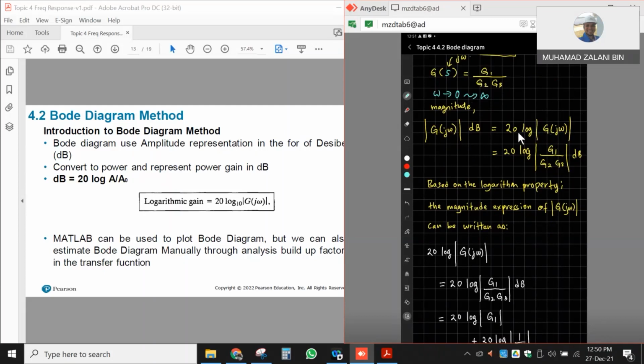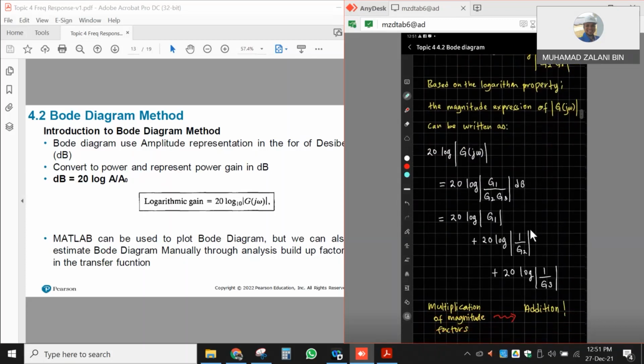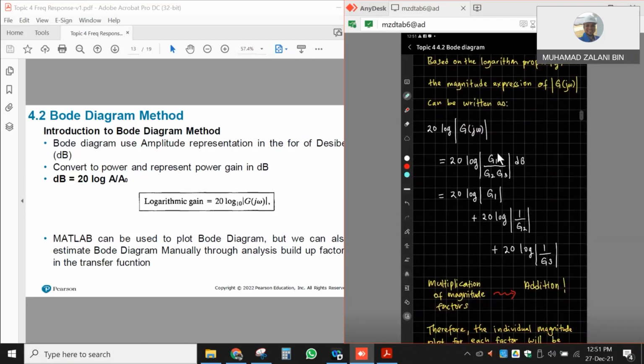So we do 20 log G, where G is this function, G1 divided by G2, G3. Based on the log properties, the magnitude expression of G J omega can be written as 20 log G1 divided by G2, G3 in decibel.